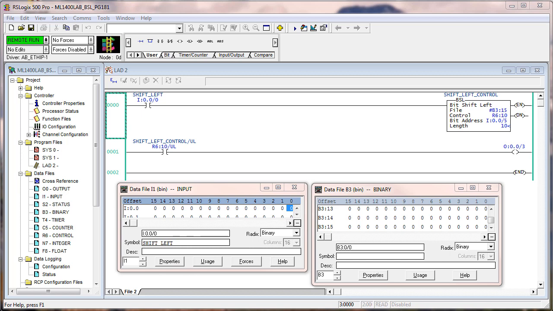I:0.0/5 is 0. When I go from false to true on the BSL, it shifts a length of 10 bits. It's actually going to shift all 16, but we're only concerned about the 10, because right now 0 through 9 got shifted to 1 through 10.